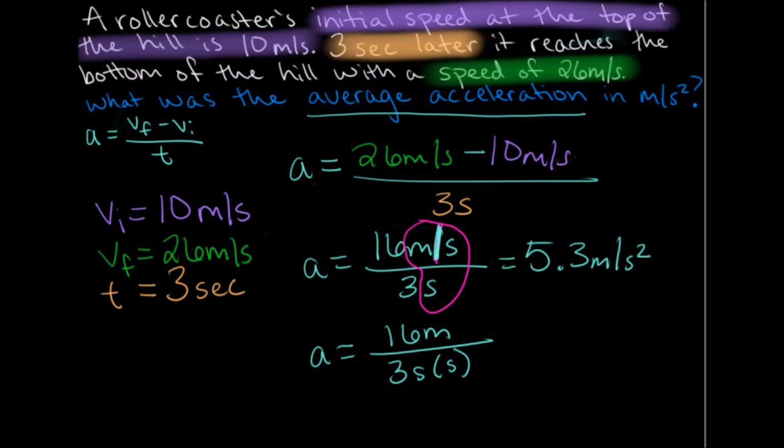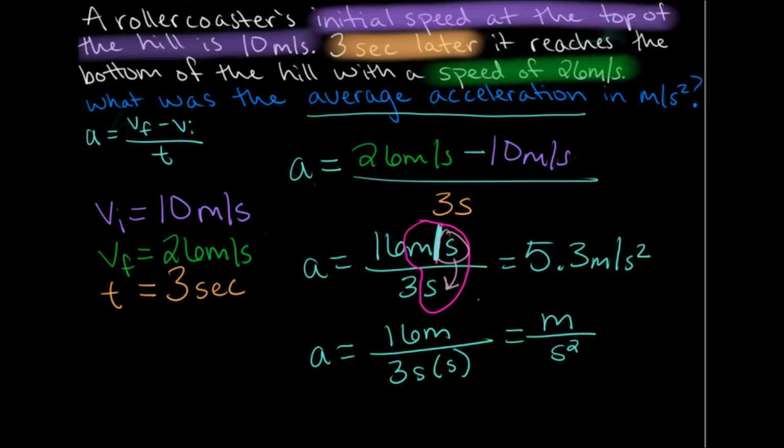This divide line means that the second right here is really on the bottom. You can just write it 2 different ways. But if you do write it on the top, you have to know that it in reality is on the bottom, so that when you get your units, it's meters over seconds times seconds, which is seconds squared.